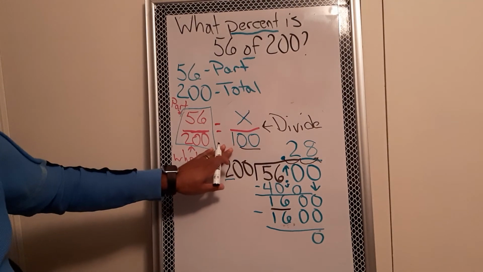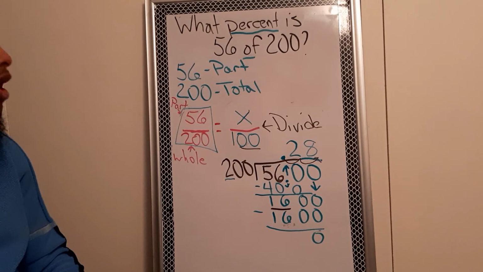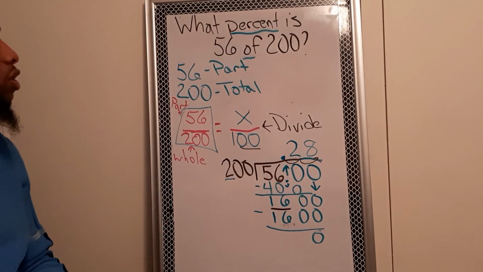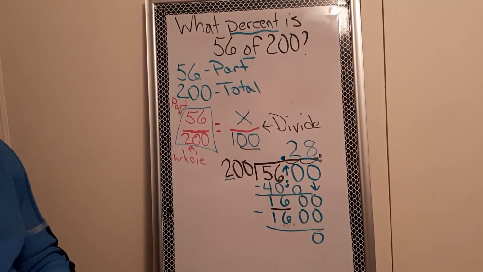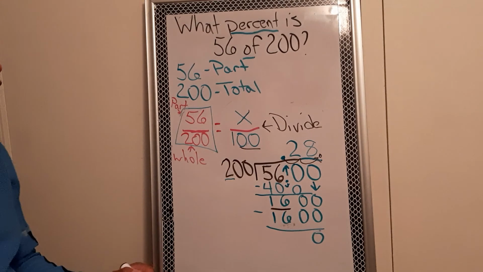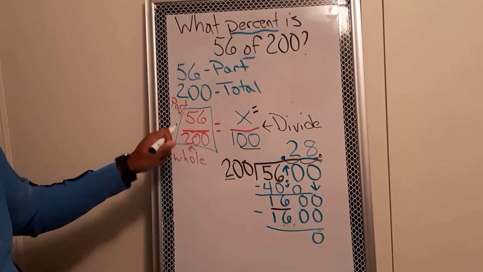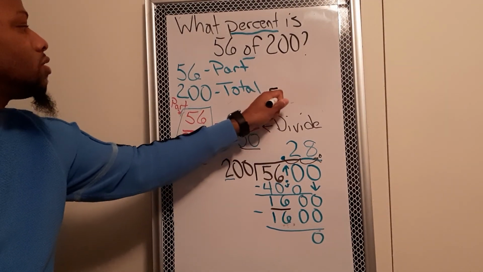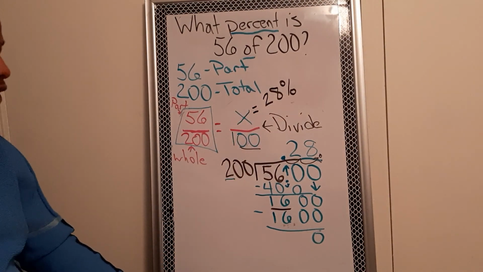We know anything times 1 is itself. But if I added 2 zeros to 1, then I have 100. So that means I'm making that number 2 place values larger. So now it becomes 28. This is now my percent. So the percent that represents 56 of 200 is 28%. And that's how you find the percent.